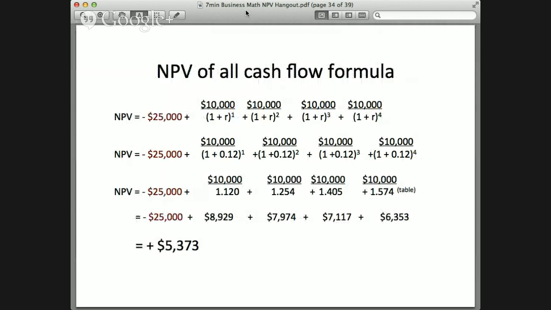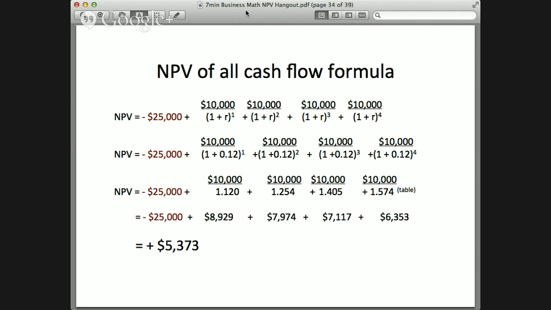So here we are in longhand. This is the calculation, how it's worked out. We're going to go straight down to the second row. The 25,000 outlay is a minus because we paid that up front. Then for machine A, we've got 10,000 for year 1 at 1.12, then year 2, year 3, then year 4.